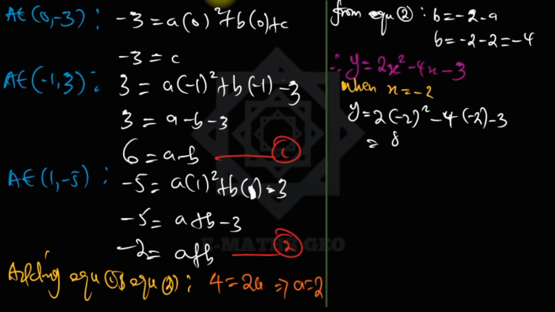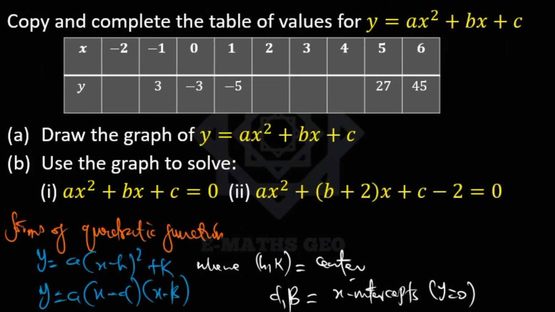So this is 8 plus 8 minus 3, so that should be 13. So when x is minus 2, y is 13.